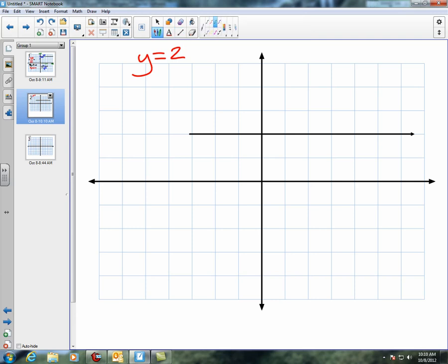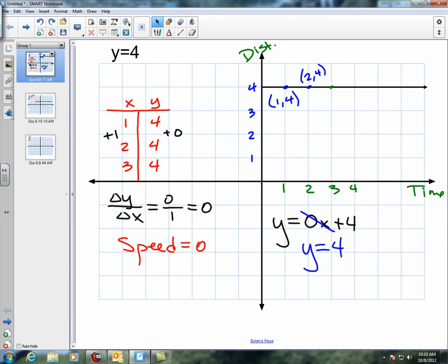And the way that you could look at this logically is to say that this equation, y equals 4, is telling me that no matter what the x value, 1, 2, or 3, the y value is always going to be 4. So that's what it's saying, y equals 4 all the time.